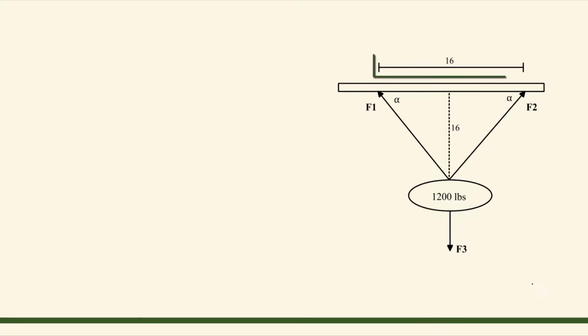Therefore, it divides the length between the cables, 16, in half equally. Thus, the distance from each cable attached to the ceiling to the dashed segment labeled 16 is equal to 8.